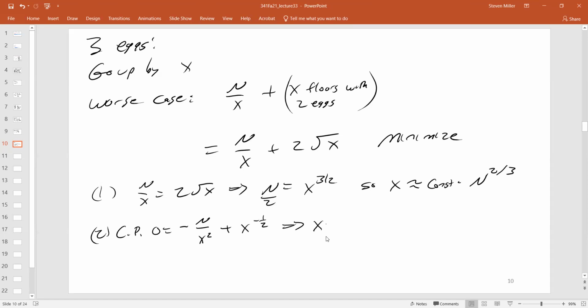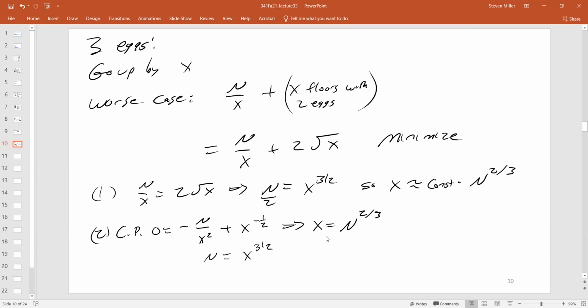So that gives us X equals N to the 2/3. So we were missing a constant. This idea of equating the two is not going to work perfectly, but it's going to give the correct order of magnitude with N.